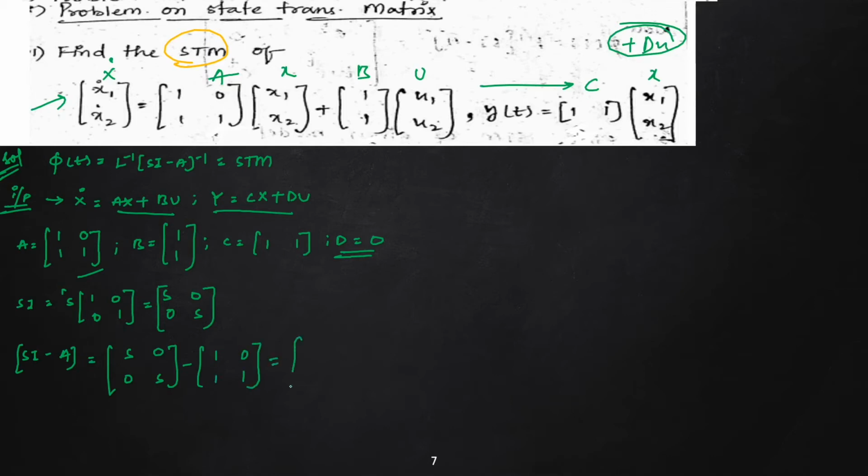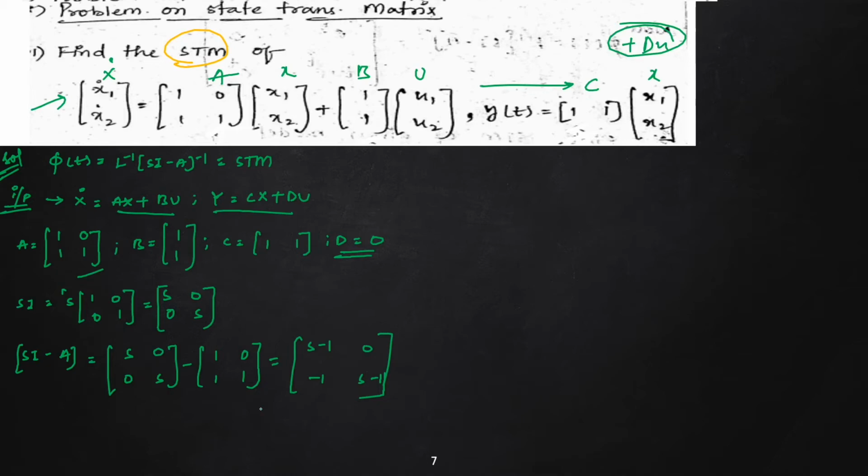So we get [s minus 1, minus 1; 0, s minus 1]. This is the sI minus A we have got.